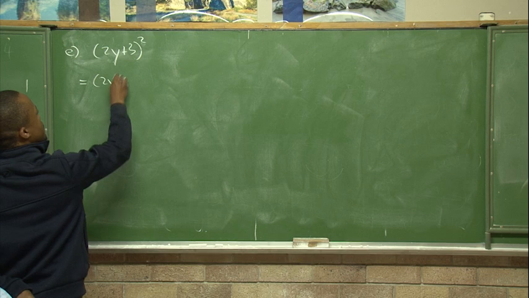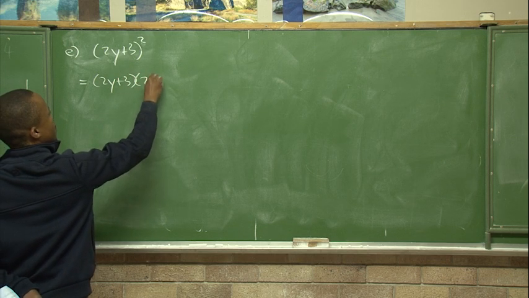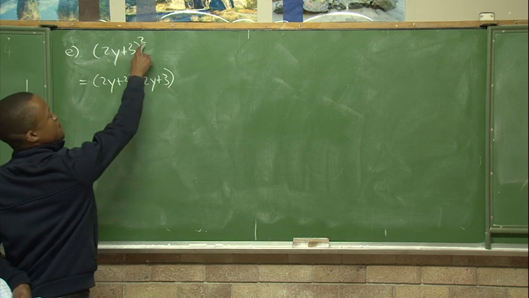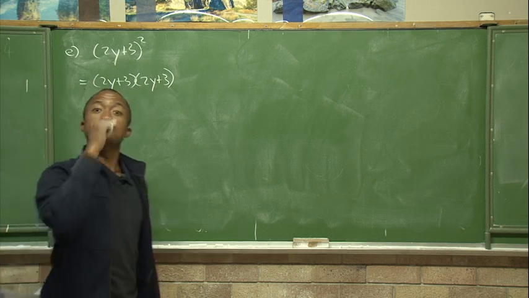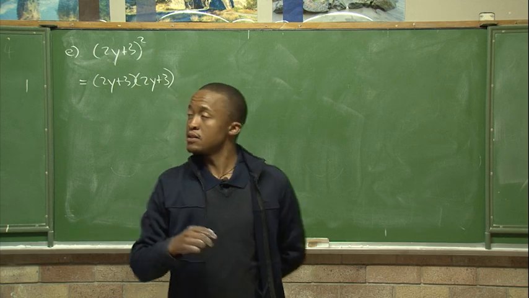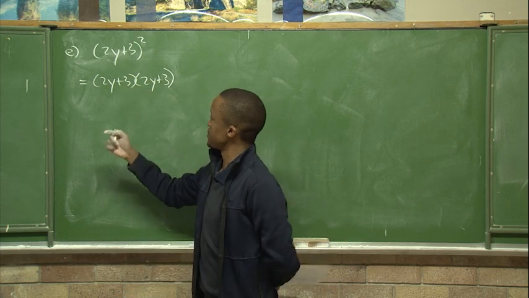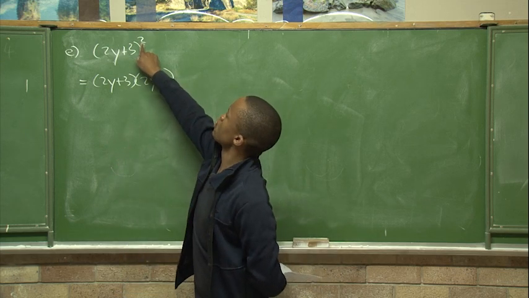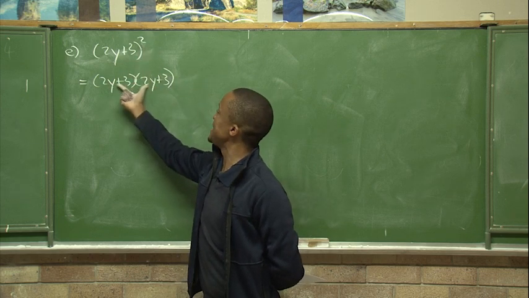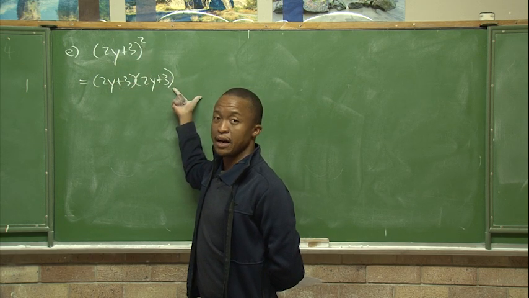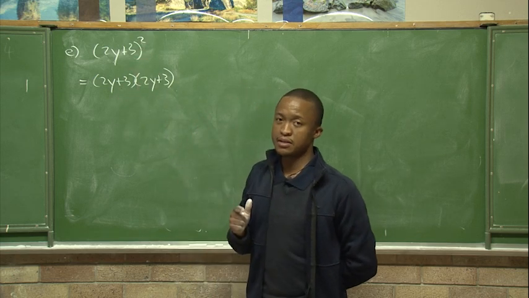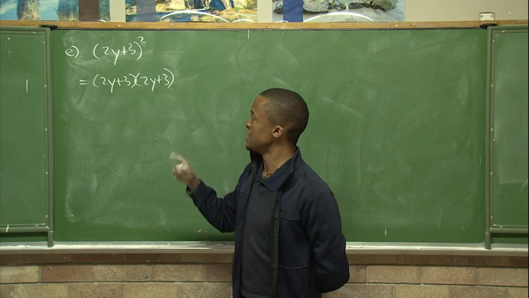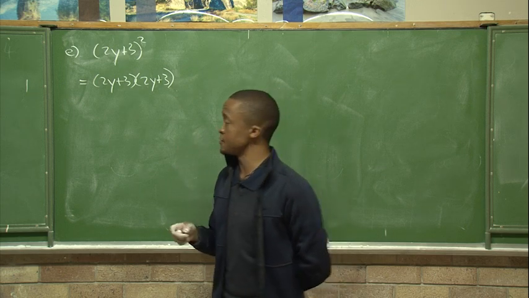We have 2y plus 3 and 2y plus 3. The exponent indicates the number of factors of the same factor. If the exponent was 3, then we have 3 factors that are the same. If the exponent is 10, we have 10 factors that are the same. So that is the concept behind this. That's the first definition of exponents.